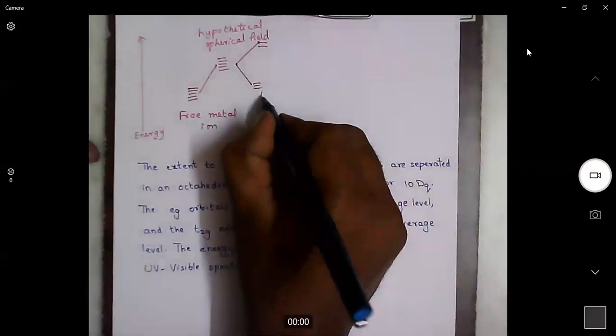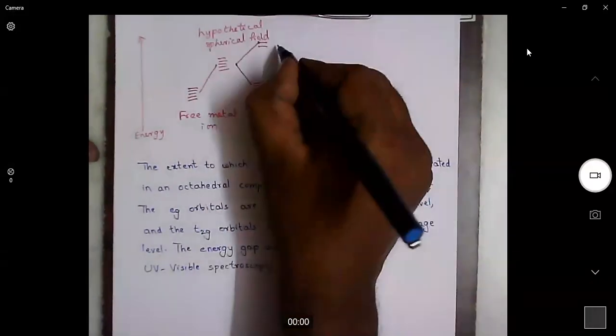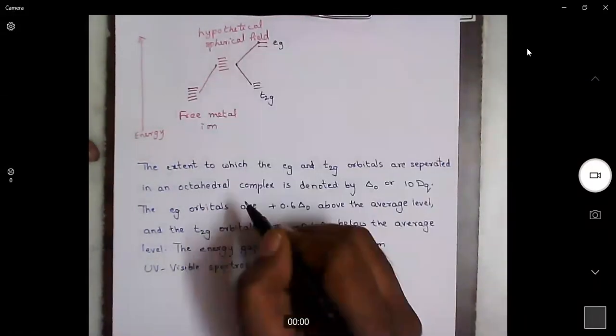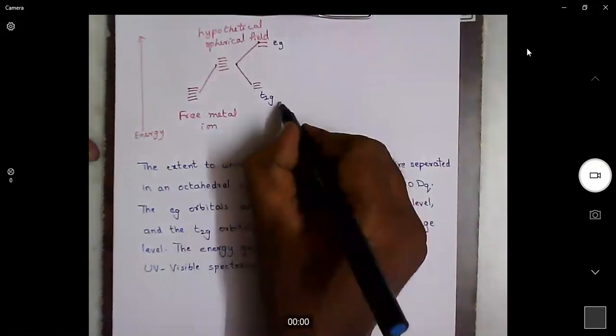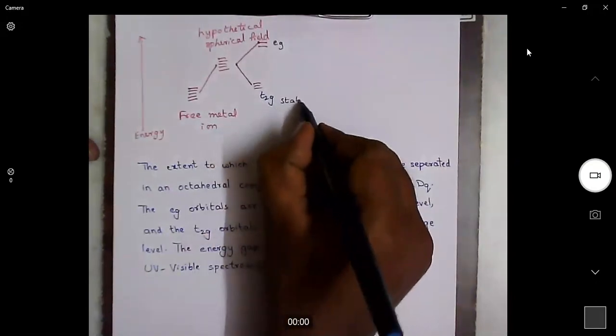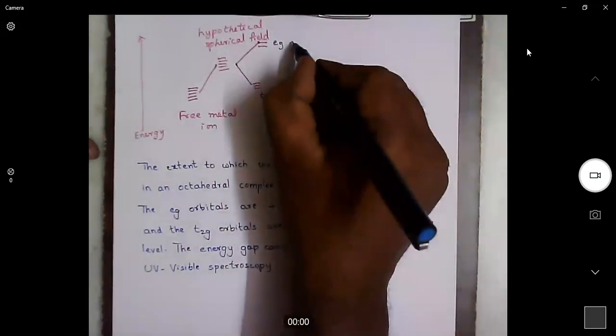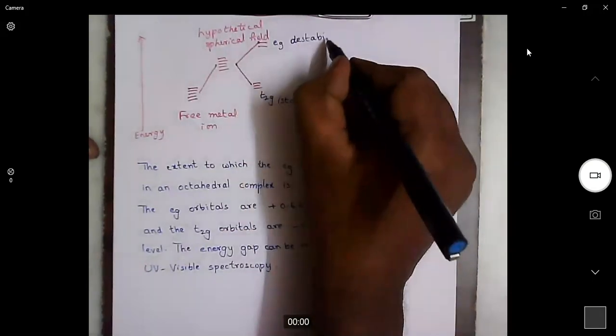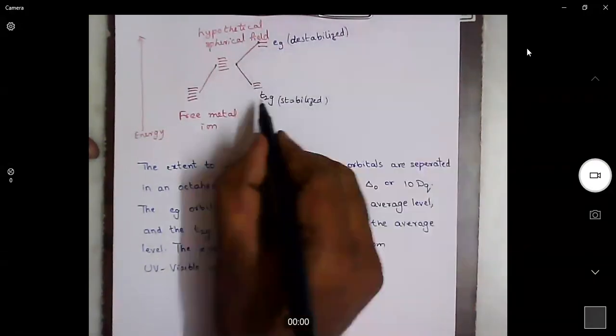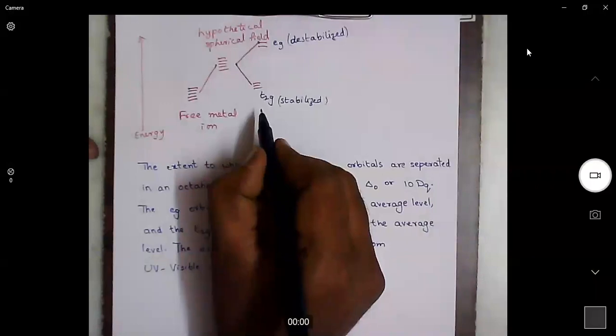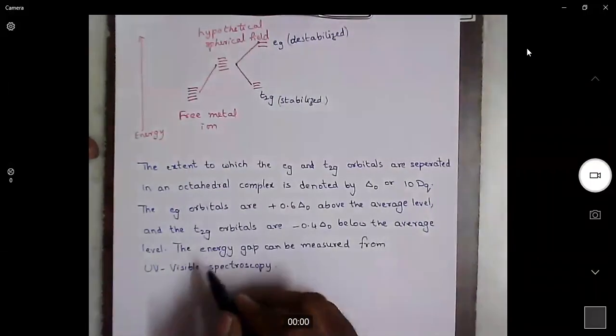These are called T2G orbitals. These are called EG orbitals. T2G orbitals are stabilized because they don't have repulsions, whereas EG orbitals are destabilized because they have repulsion. That is why their energy is increasing. So T2G orbitals have lower energy, EG orbitals have higher energy.